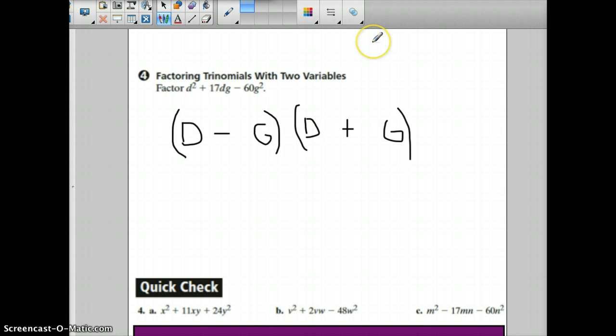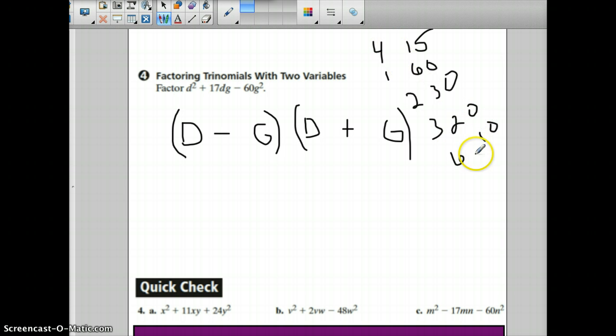So I start thinking about multiples, numbers that will get me to 60, and I'm thinking 4 and 15, 1 and 60, okay, 2 and 30 work, right, 3 and 20, 6 and 10, okay, so these are all my pairs here, and I start to think about them.